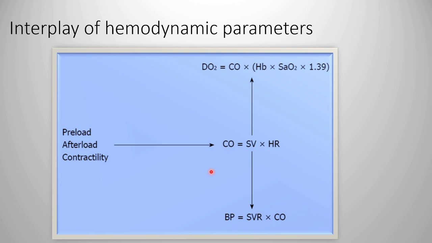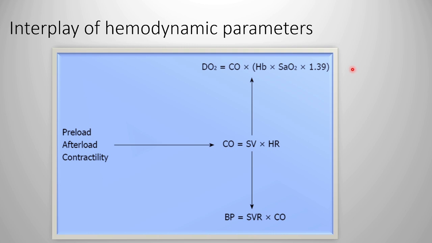For perfusion to be adequate, we need adequate delivery of oxygen and adequate consumption of oxygen, and a proper balance between these two parameters. Delivery of oxygen is usually denoted by DO2 and consumption by VO2. Delivery of oxygen predominantly depends on cardiac output multiplied by the content of oxygen, which is composed of the oxygen bound to the hemoglobin carried by the cardiac output, and some component of dissolved oxygen.